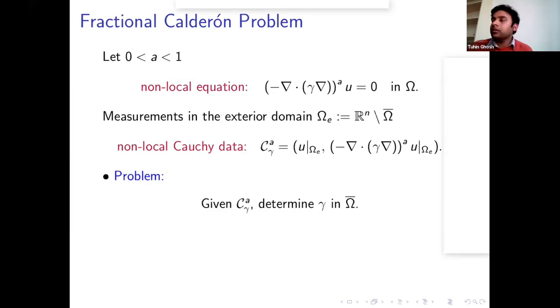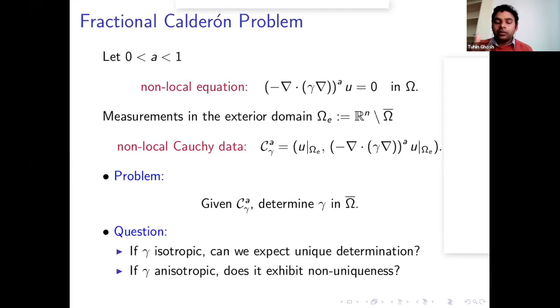And then we ask the same problem. Let's say you have this non-local Cauchy data in some exterior domain, and then is it enough to determine gamma in omega bar? That's the formal question of this Calderon problem. And then we ask very similar questions: we know the right answer for a equals to 1, that if gamma is isotropic, then we expect unique determination.